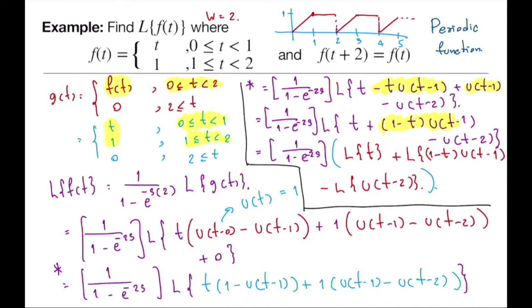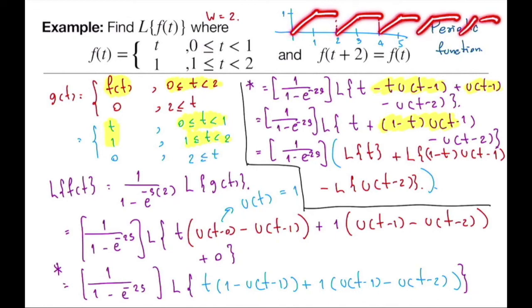If you want to find the Laplace transform for this periodic function, first we define g of t, which is f of t on only the first piece, from 0 to 2. Because f of t is defined from 0 to 2, and when t is bigger than 2, it's periodic. It's repeated and looks the same.